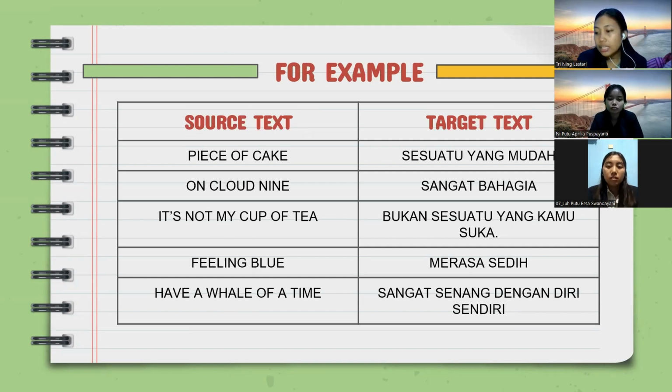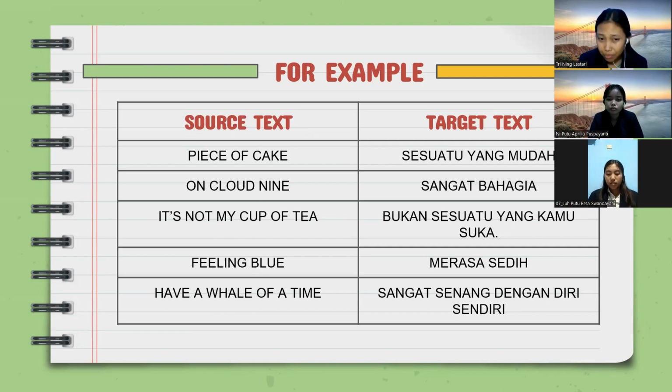Like I said before, there is one thing missing from the sentence, namely its meaning. Like the example, feeling blue. If we translate it just to Indonesian, feeling is merasa and blue is biru.